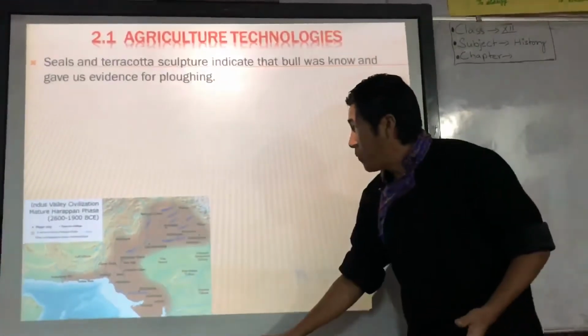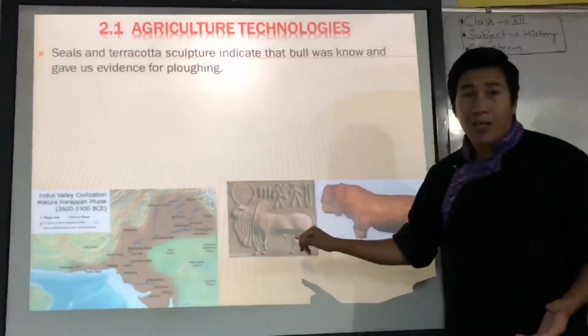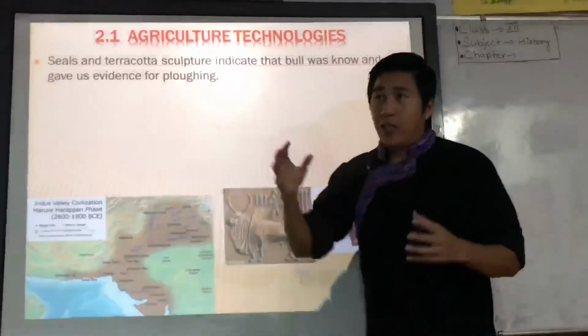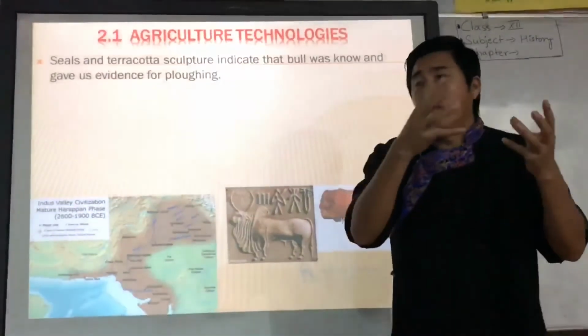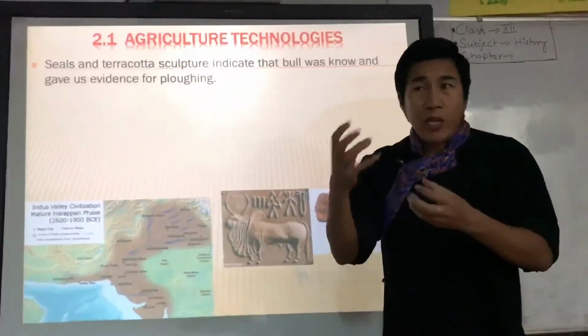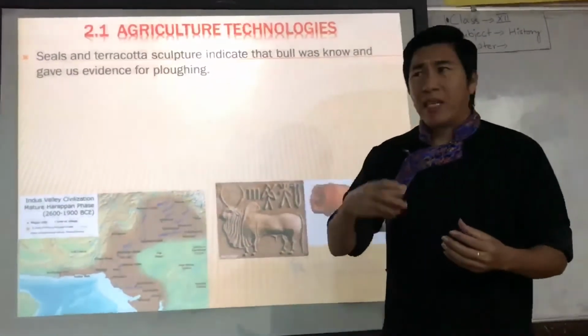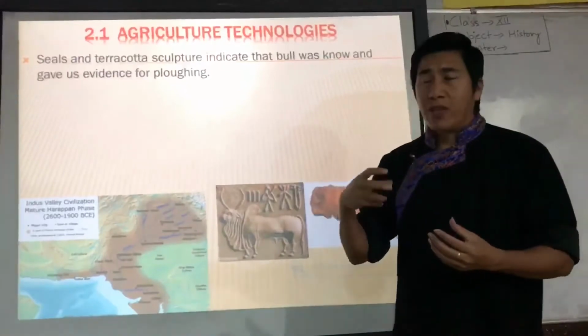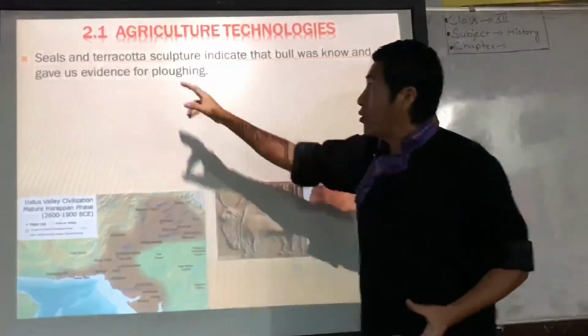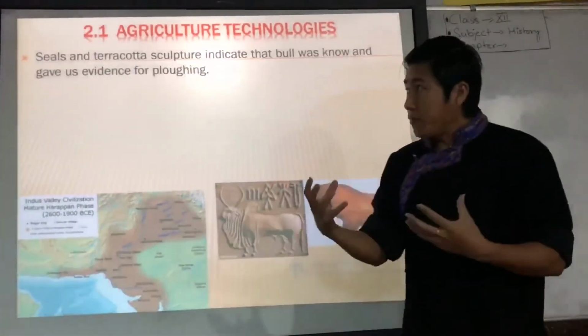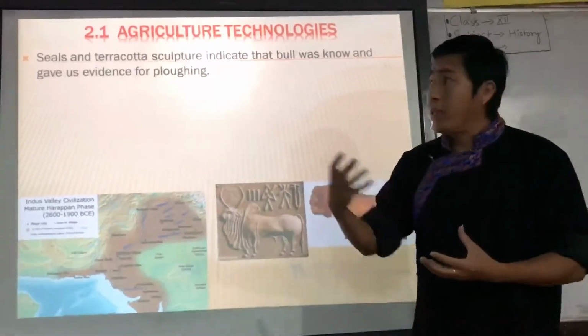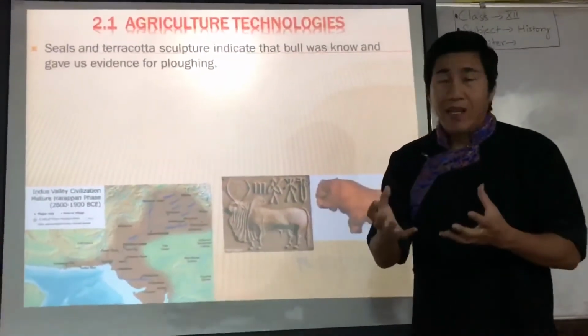Seal, as you know, here the Harappan seal. And terracotta is a kind of reddish brown clay that was baked to make different kinds of artifacts like seals, toys, and pots. All these are made with terracotta.